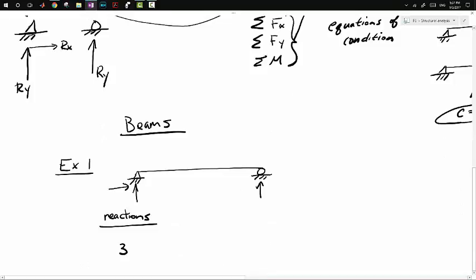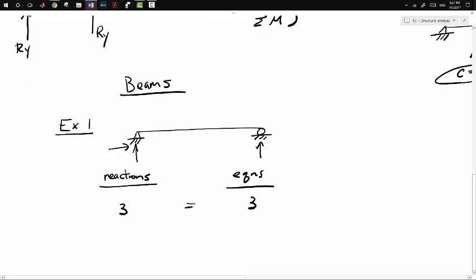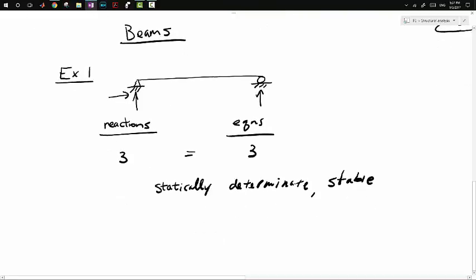So we don't have any internal hinges or rollers, so our C is just 0. So our equations of equilibrium are going to be 3. So they are equal. So this means that this is a statically determinate structure, and also stable. Again, as I mentioned before, if it's statically determinate or statically indeterminate, they're both stable.